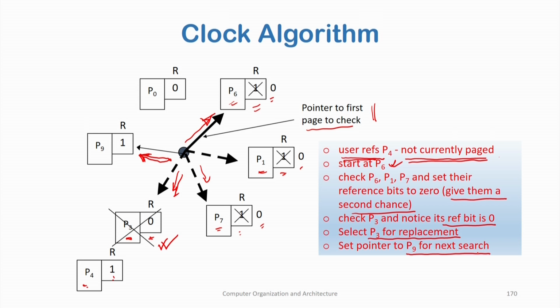Now, what is good about this algorithm is that even if all pages have reference bit 1, in the next round I will still select a page. This one has a low overhead, because I am not searching for all pages which have a reference bit of 0.